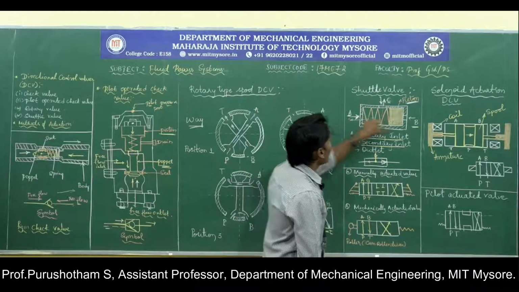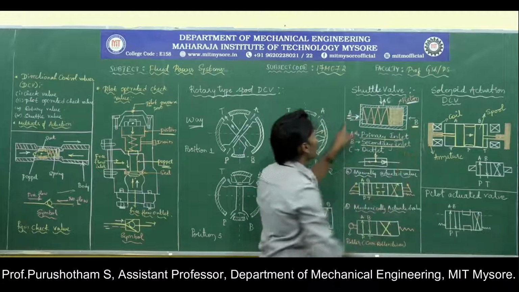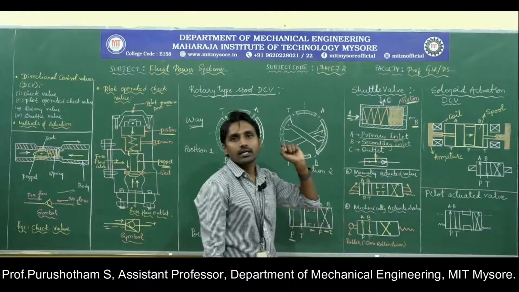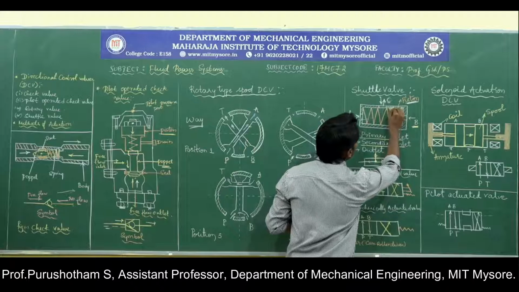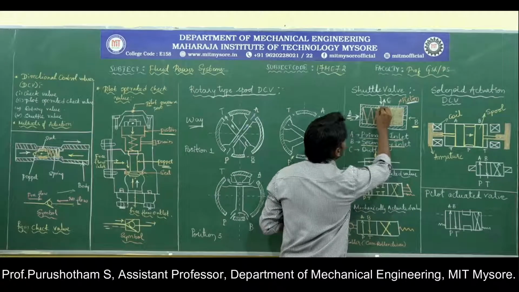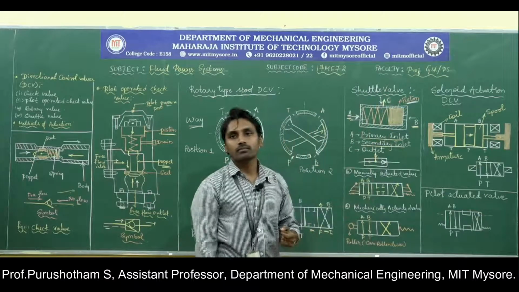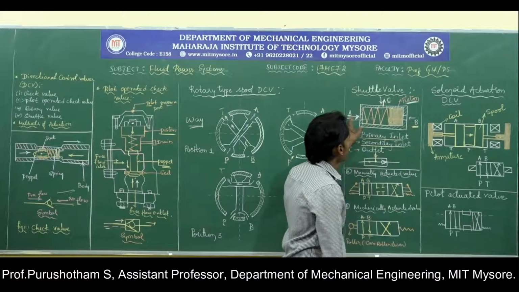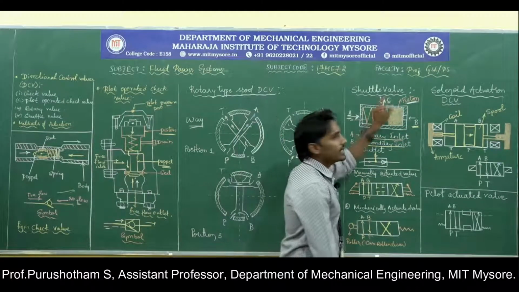When you supply the fluid from both ports, port A and port B, there will be a gap between the piston and the valve body, and from that the fluid will enter the outlet port. If there is no power supply from either side of the power source, then there will be no outlet fluid.